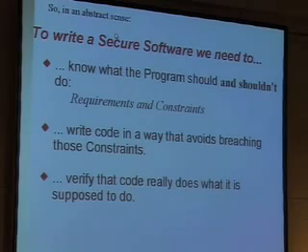Well, then to write secure software, we need to write code in a way that avoids breaching those constraints, obviously. To be able to know that we really are doing this, we need also to verify that the code has achieved this goal. I think one of the big reasons why it's not common yet to teach programmers this is that companies see it as a waste of time. If you hunt for bugs and then fix the bugs, you have some kind of measure that you're making progress.